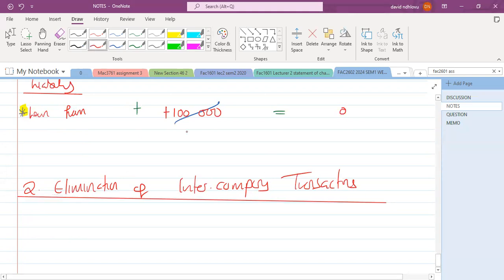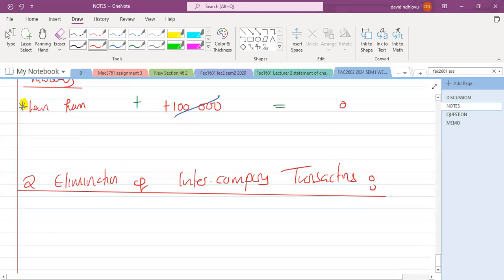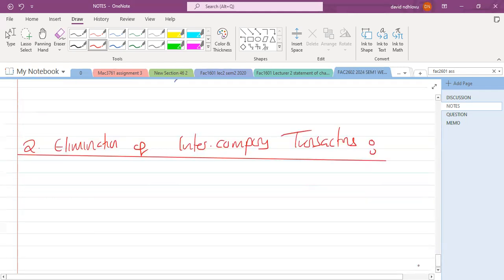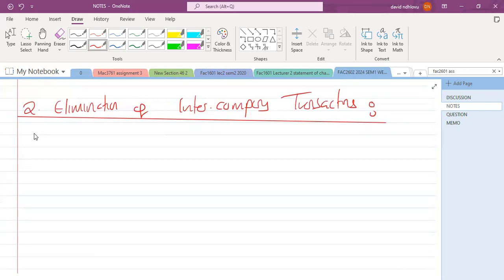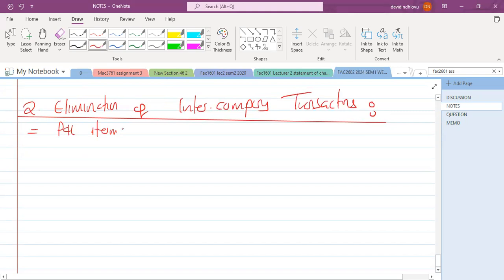We have eliminated common items, but the transactions must be reversed also. Right, so when we talk about an intercompany transaction, now we're dealing with the P&L. So we're dealing with P&L items. In the P&L, we deal with income and expenses. So it's income and the expenses. That's what we deal with.